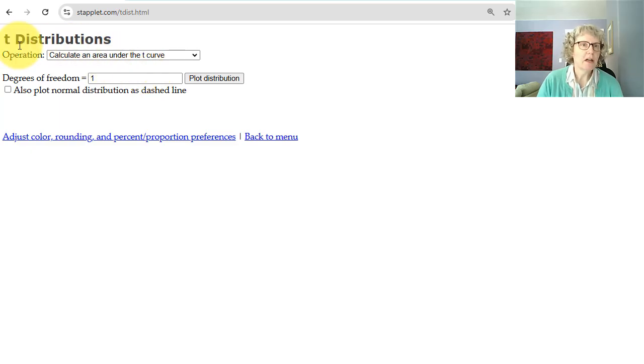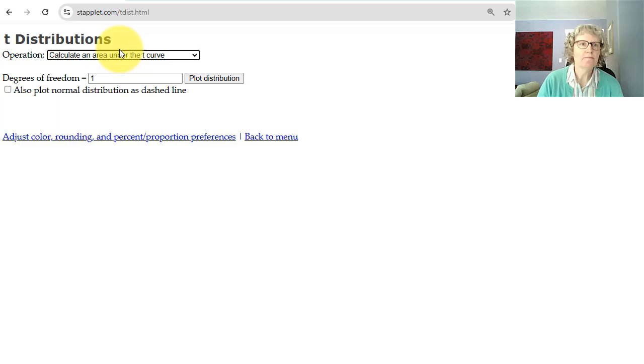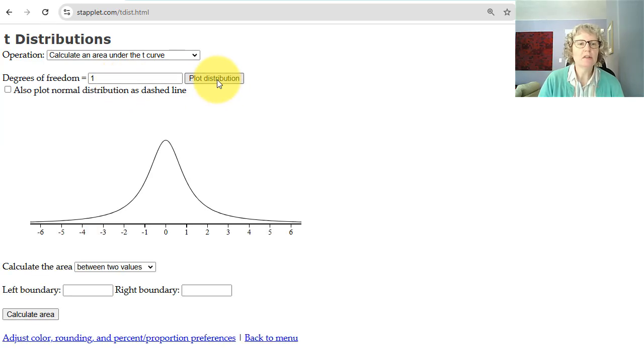So just like the normal calculator, this is very similar, but it's a t distribution instead. It's set up very similarly to calculate an area or a value, okay? And then the input is the degrees of freedom. So let's say we had two data points, n minus 1, 2 minus 1 would be 1. This is the smallest it can be. So I want to plot the distribution and show you what it looks like.